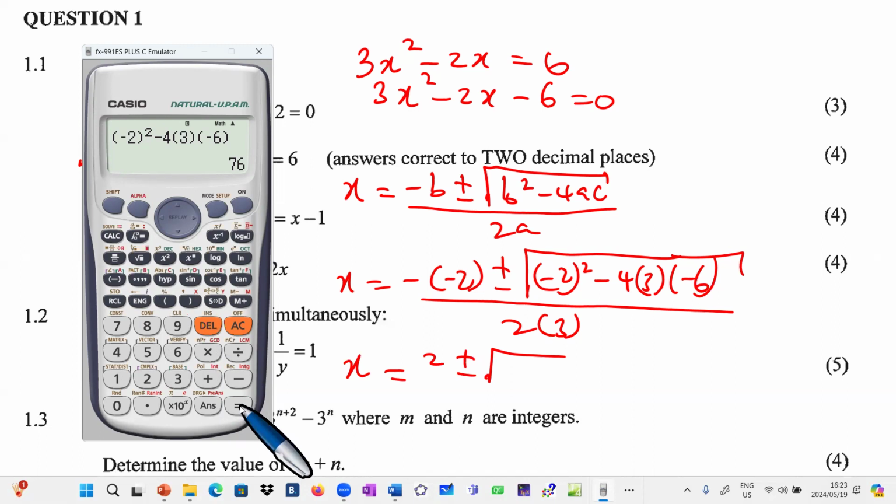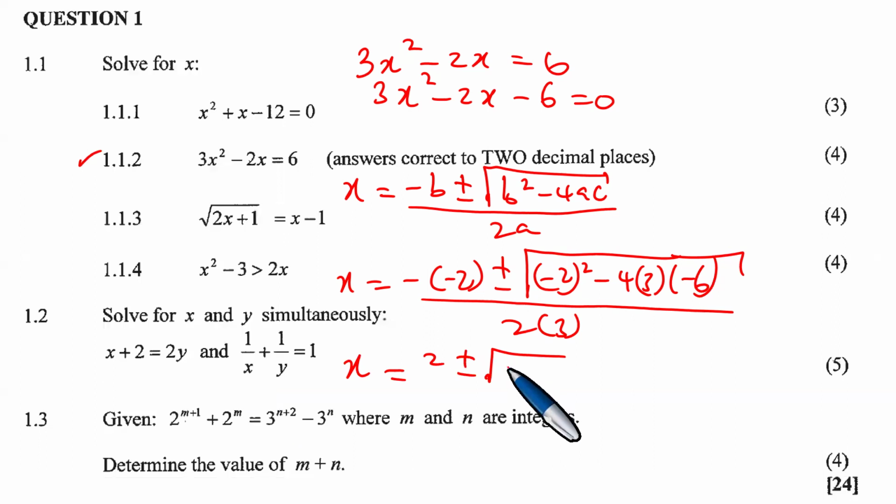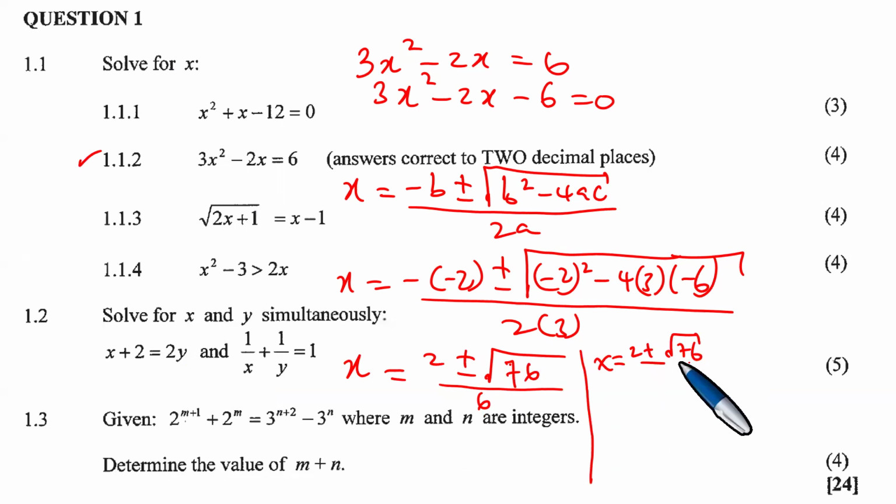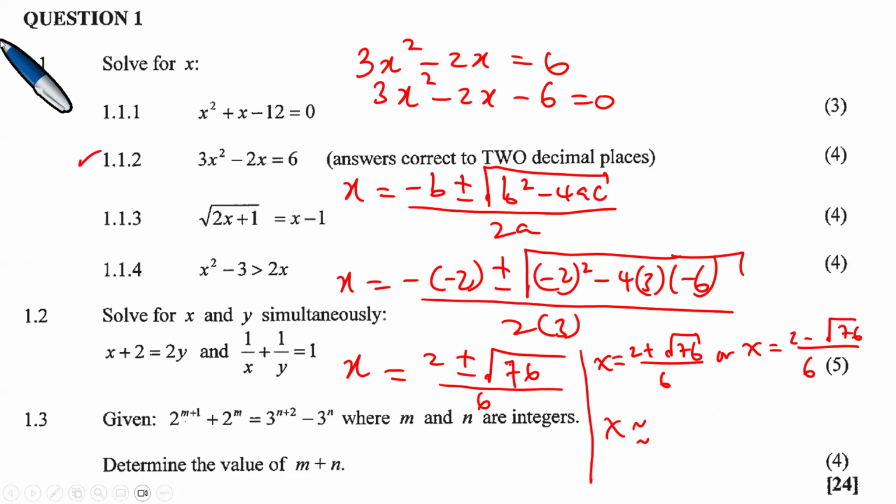So we see that the result is 76 under the square root, and that is what we write down. We divide by 2 times 3, which is 6. At this point, we realize that x is 2 plus the square root of 76, divided by 6, or x is 2 minus the square root of 76, divided by 6.